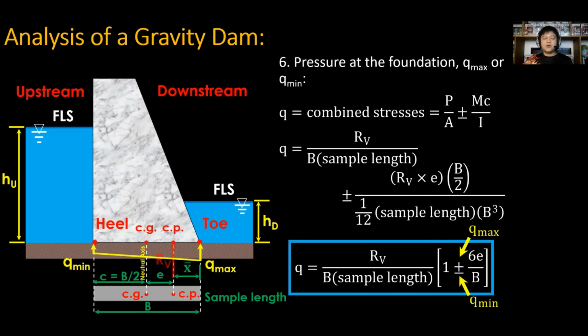For some notes, if RV is at the center of gravity, the pressure Q is uniformly distributed, or Qmax is equal to Qmin. Next, if RV is closer to the toe, there is a chance or possibility that Qmin will be negative, meaning under tension, or we will consider a wrong assumed direction.